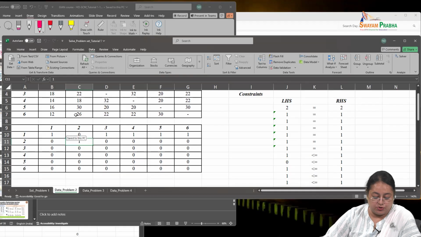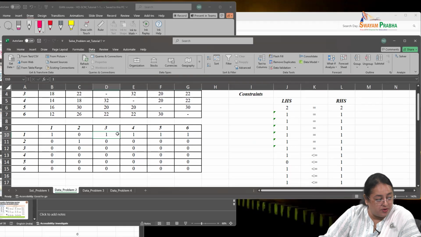So you can cross-verify. You can run your model. Even I do see x11, x22 is 1, but for 13, 14, 15, 16 it is not, right? No, not 2.